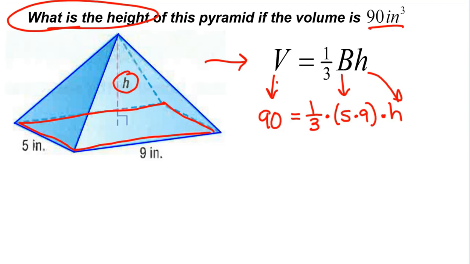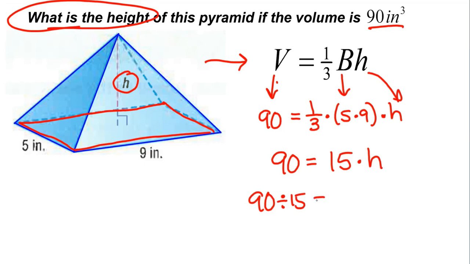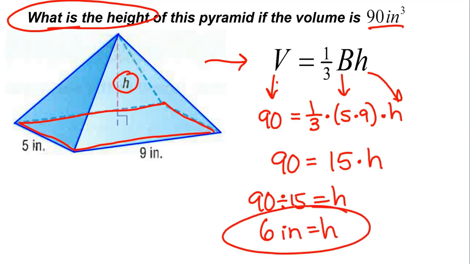So now I know all of this information, and if I do these calculations, 1/3 times 5 times 9 is 15. So 90 equals 15 times h, and this is a one-step equation. We've solved these before. So 15 times what would give me a volume of 90? I'm going to take 90 divided by 15 to find out what h is, and 90 divided by 15 is 6. So 6 inches is the height of my pyramid.